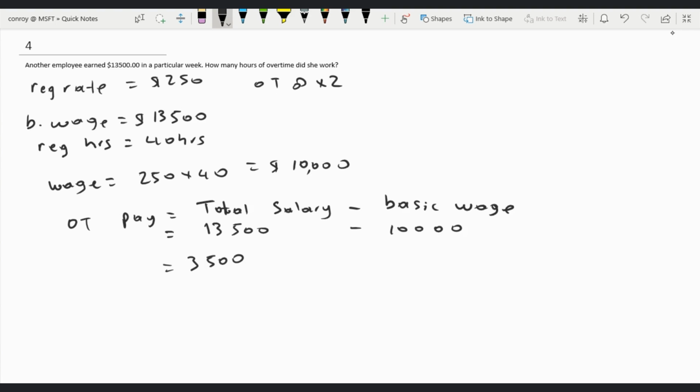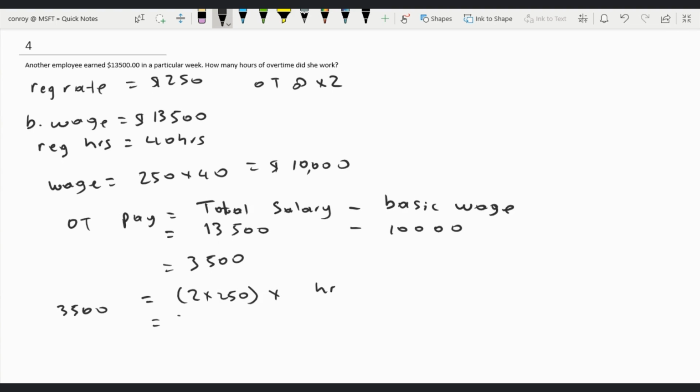3,500. With that said, now our overtime pay is 3,500. That's equal to, we know that overtime is paid at double, so it's 2 times 250 times hours, right? We want to know how many hours she had worked.